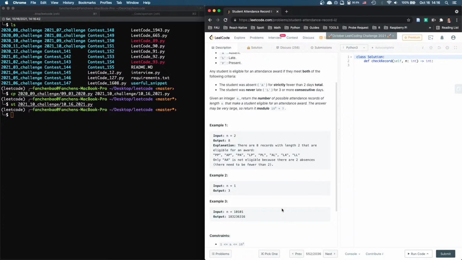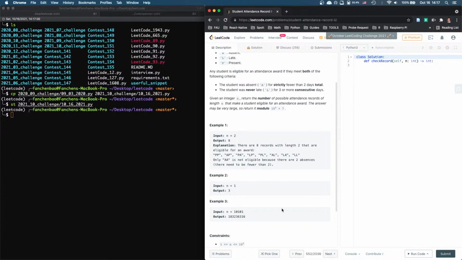If it's 1, then we have 3 in total. There's no restriction, which means allow.